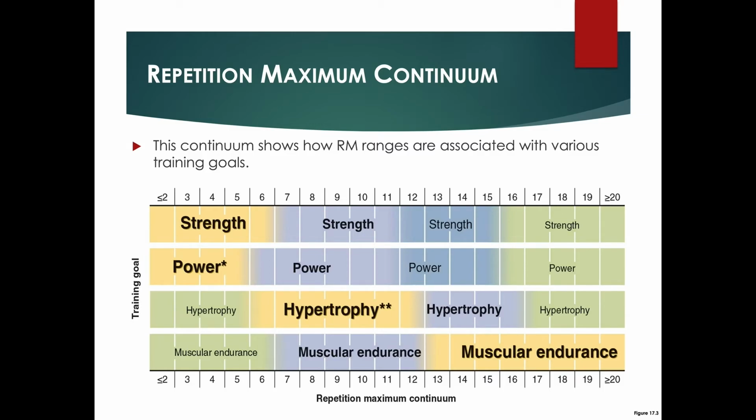Next, hypertrophy, about 6 to 12 reps, where you really see the hypertrophic gains. And the last one, greater than 12 repetitions for endurance. It's all a blended continuum, but more or less, if you want to focus on strength, keep it below 6. For power, keep it below 5. Hypertrophy, 6 to 12. And endurance, greater than 12 repetitions.